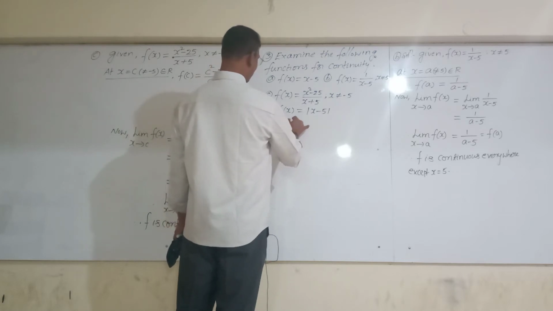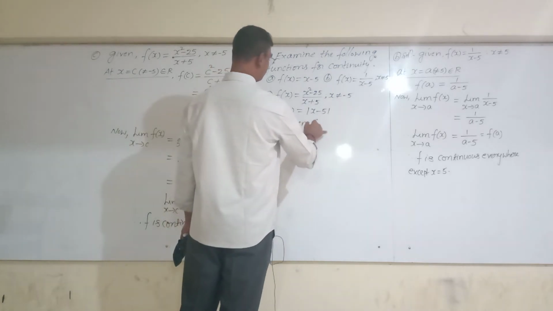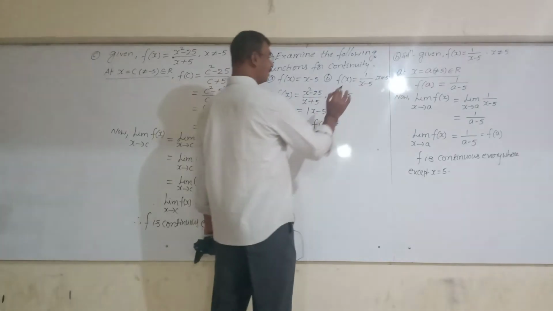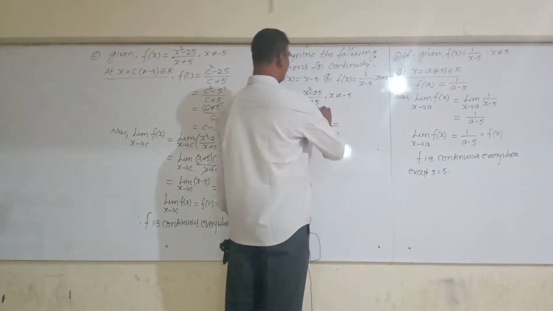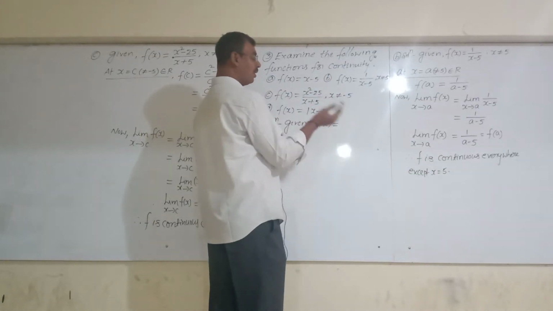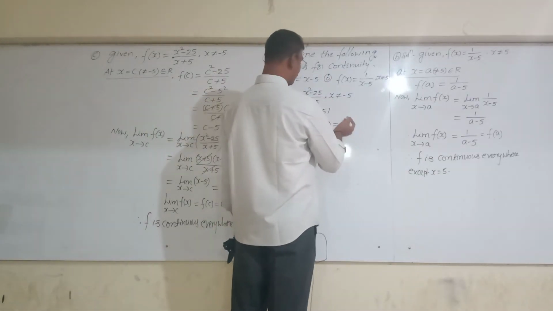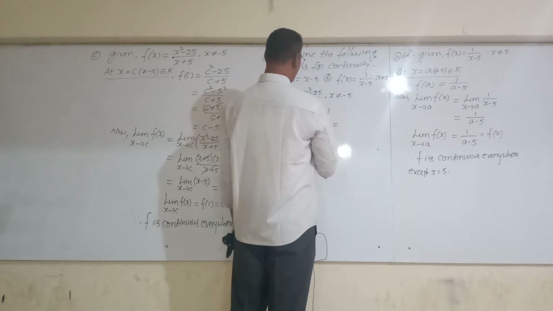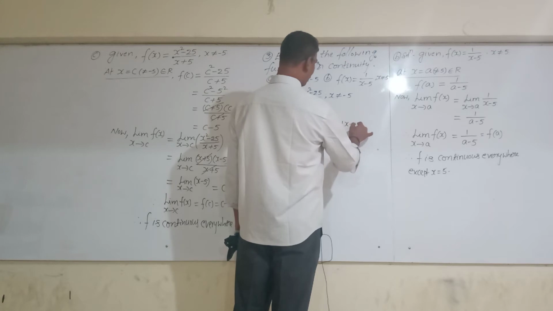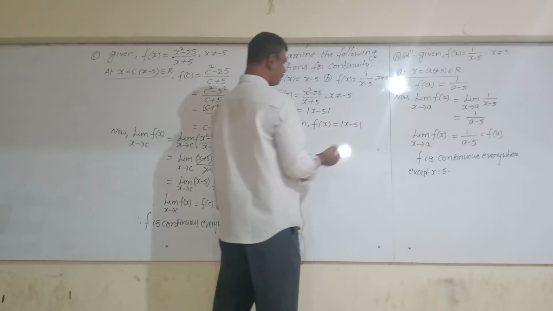Given f of x, same procedure throughout this chapter, only one method. If there are breaking conditions, we have to find the upper limit, lower limit, that is left hand limit, right hand limit and f of a. Mod of x minus a.